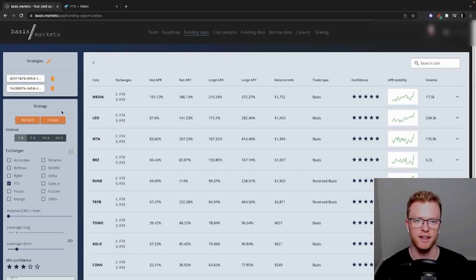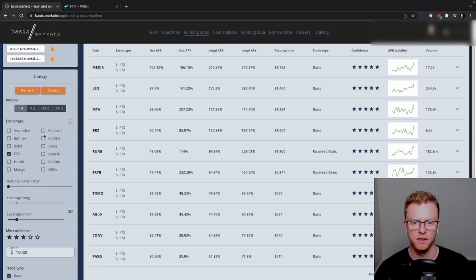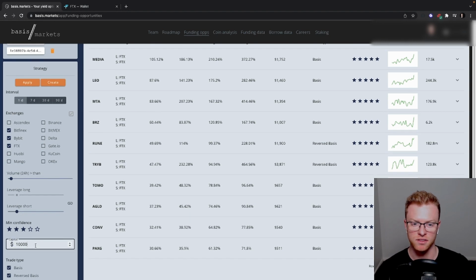To create a new strategy, we need to go into here and set our parameters. So let's say we want FTX, Bybit, and Bitfinex, and we want the total volume in the last 24 hours to be over 5 million, and leverage short, $10,000 in capital.